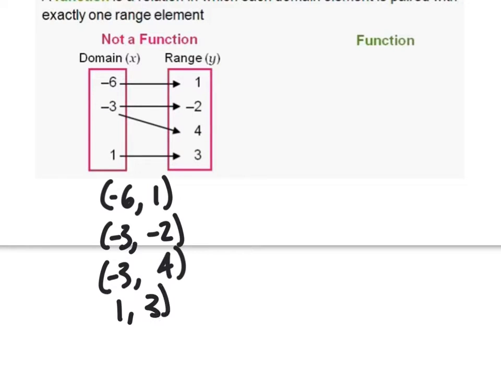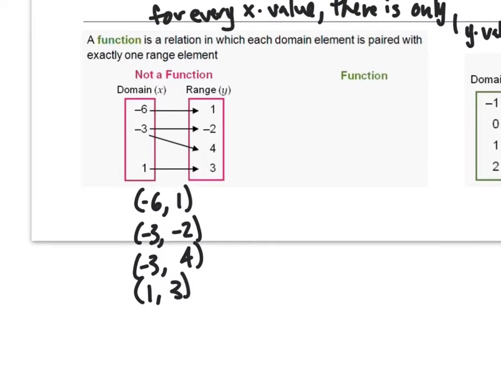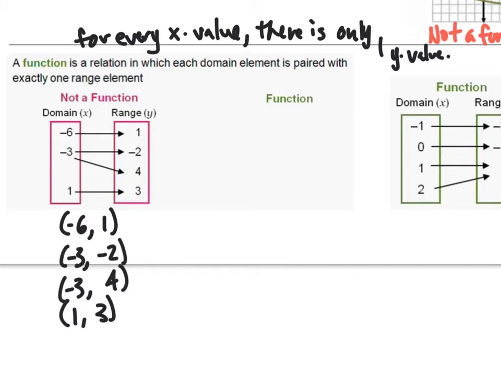Okay, now let's think about our definition here. It says that for every x value, there is only one y value. And there's a problem with that, because I got -3 here. Okay? -3, if I put that into my function, it gives me -2.